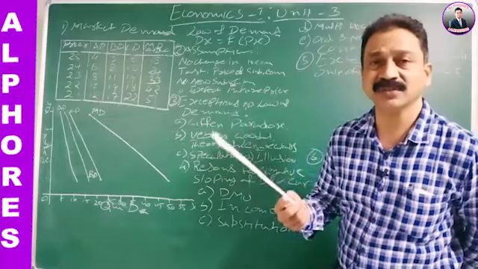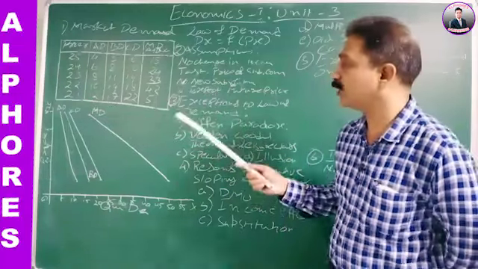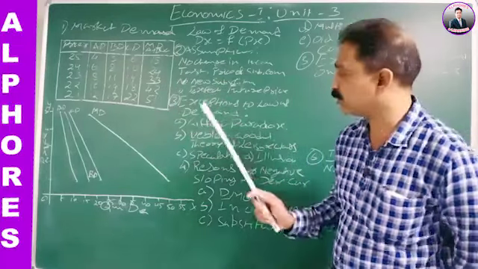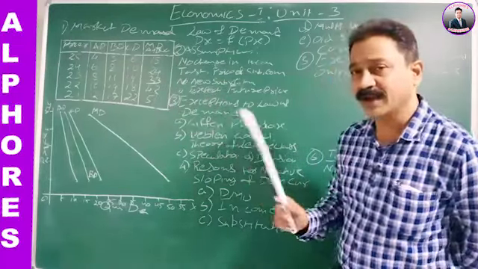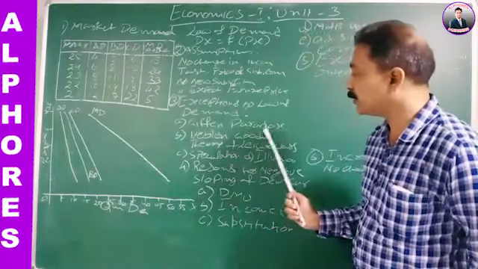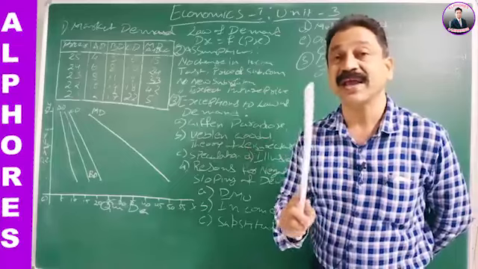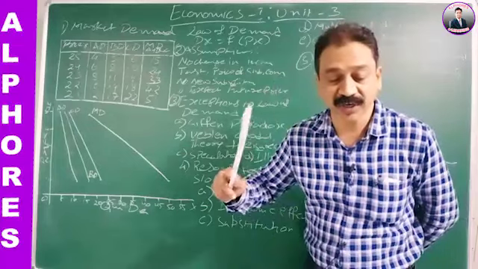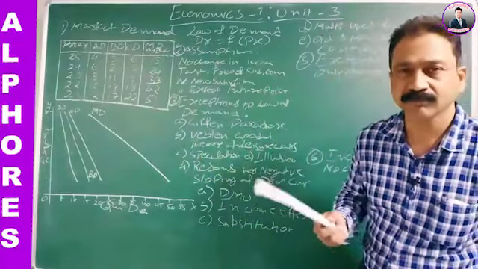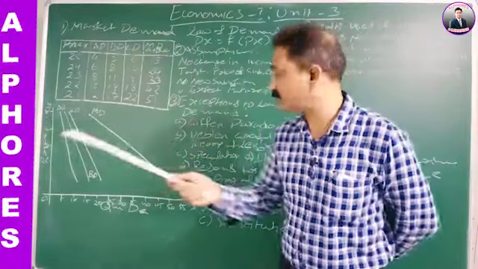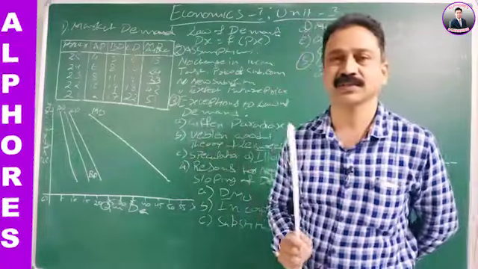So he was the Sir Robert Giffen who made this first one, Giffen paradox. Here let me tell you, Giffen is the name of that economist. And what is meant by paradox? Paradox means a statement which is controversial in itself. A statement which is controversial in itself is called a paradox.